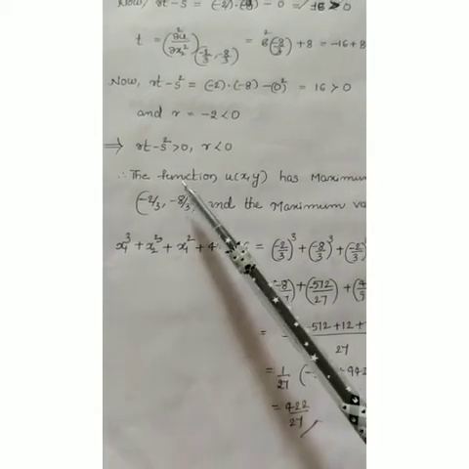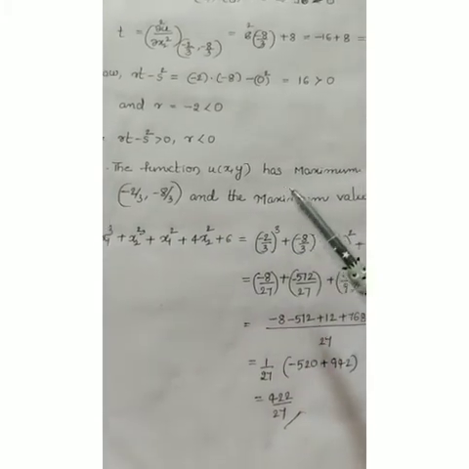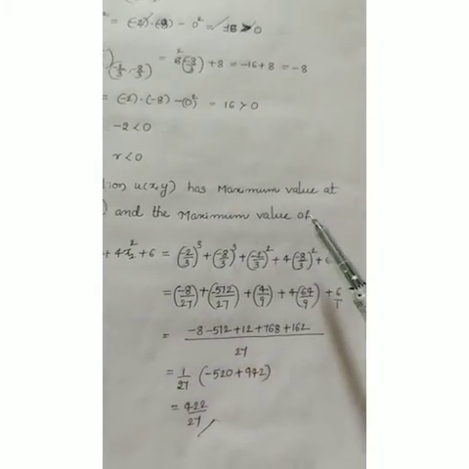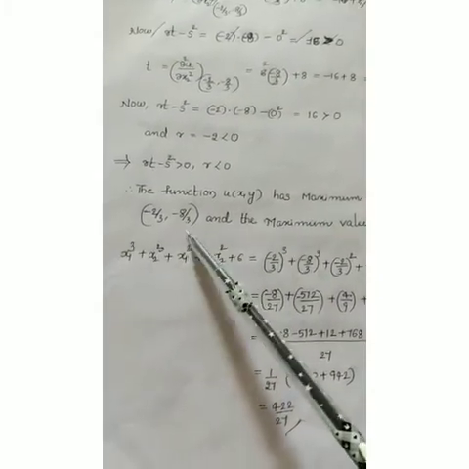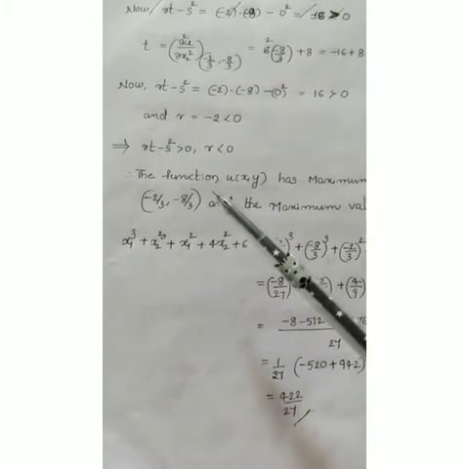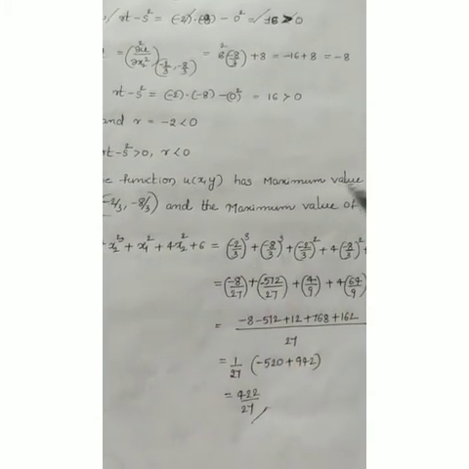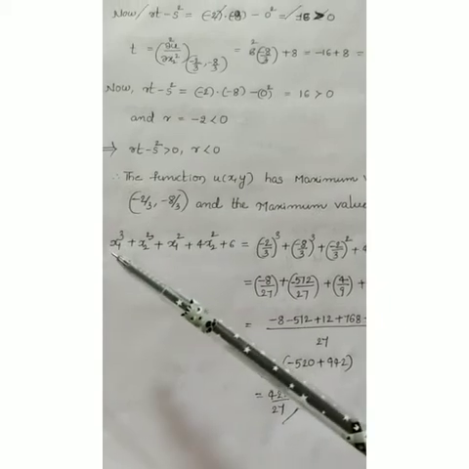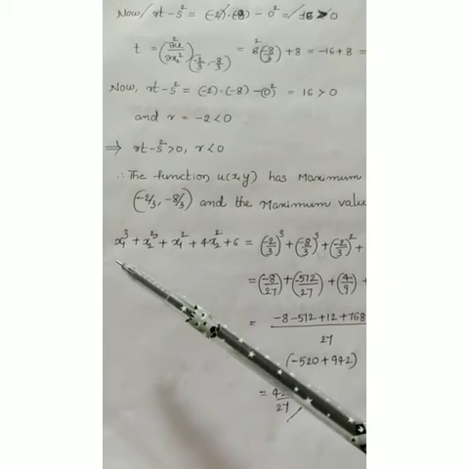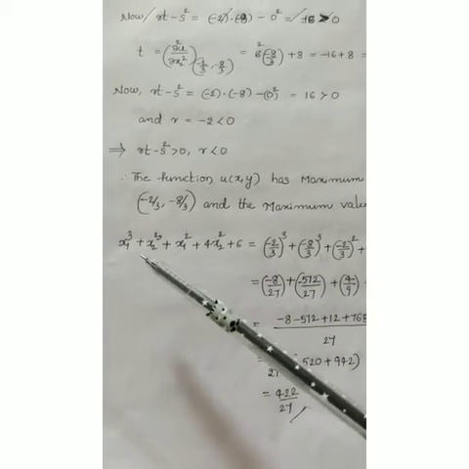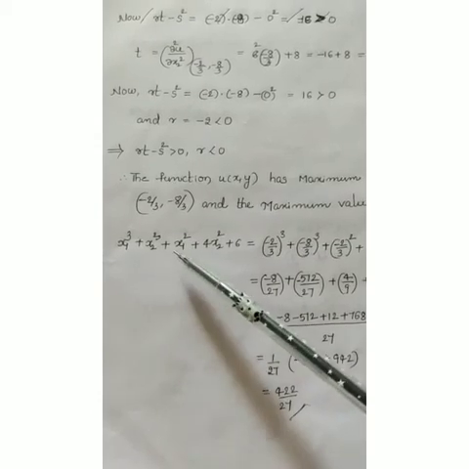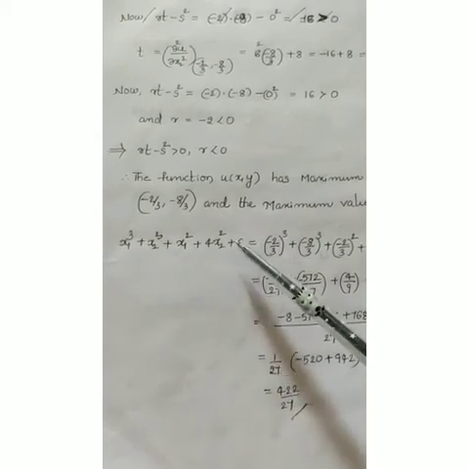In this case, the function u of (x, y) has a maximum value at the point (-2/3, -8/3), and the maximum value is x1³ + x2³ + x1² + 4x2² + 6.